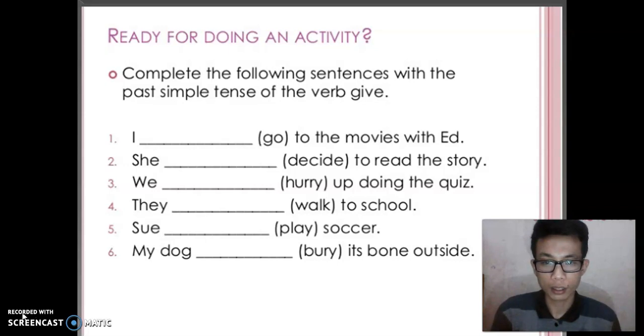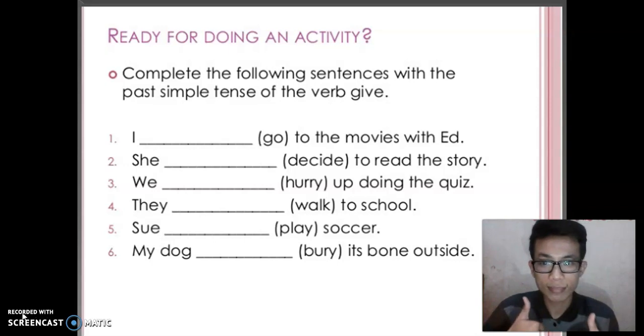Okay, next, number 3: he blank hurry up doing the quiz. Here hurry is a kind of regular verb, so we just add ed to this word. So the complete sentence: he hurried up with doing the quiz.